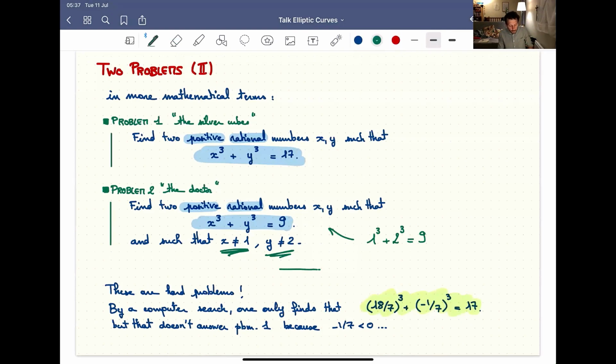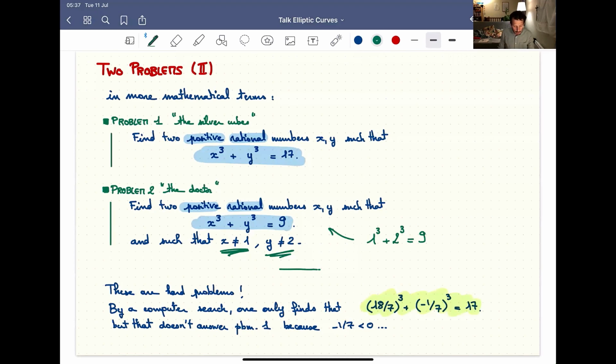Okay, and we're going to solve those problems today, and also try to discuss what those problems have to do with elliptic curves and how you find those solutions, which are not things that you can find by a simple computer search with small rational numbers.